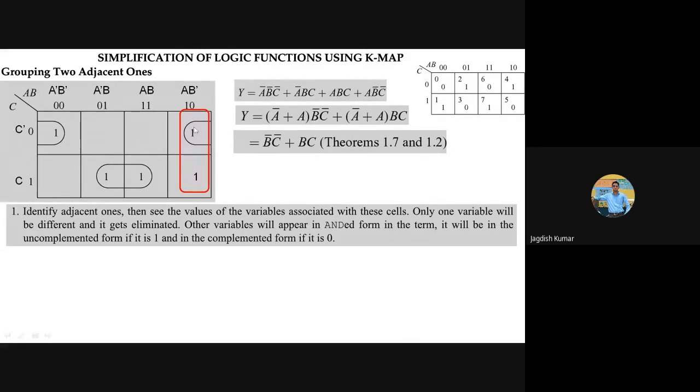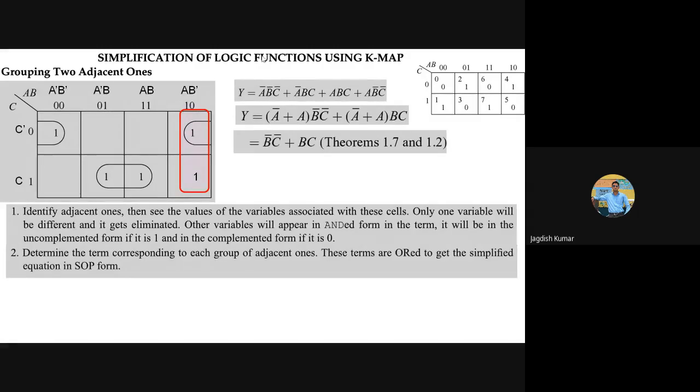This pair gave you B bar C bar, and so on. Other variables will appear in ANDed form in the term, in the uncomplemented form, as I already told you.